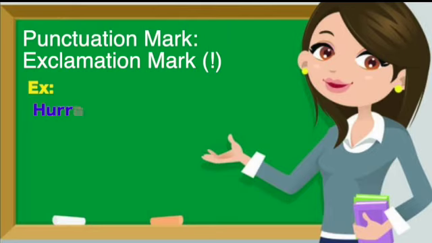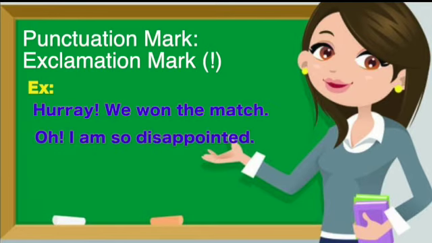For example, hooray! We won the match. In this example, the emotion shown is happiness. Another example. Oh, I am so disappointed! In this example, the emotion shown is sadness.